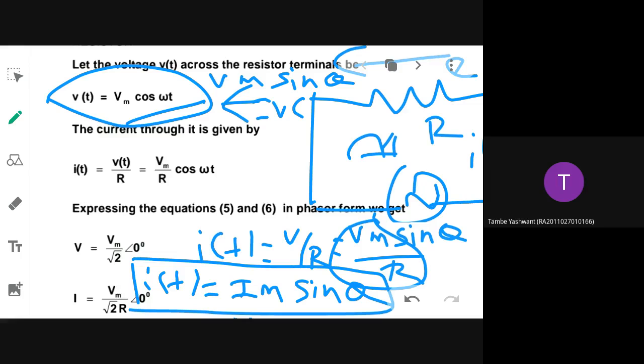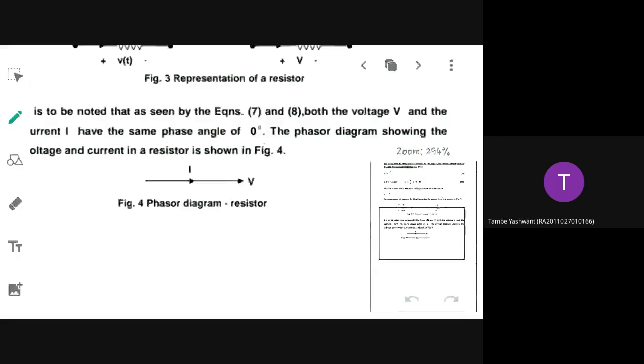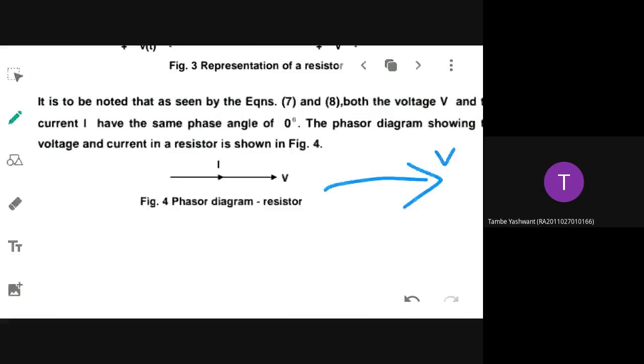Now I want to represent both in terms of a phasor diagram. So how can I represent the phasor diagram? Here, this is my phasor diagram. The reference I have considered as V. And how can I represent I?